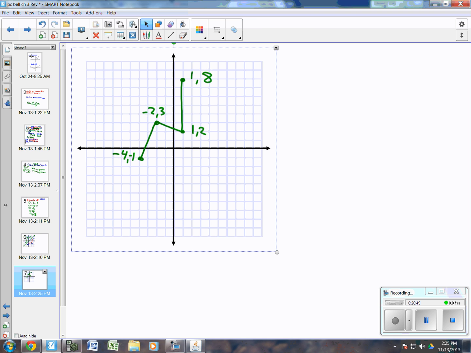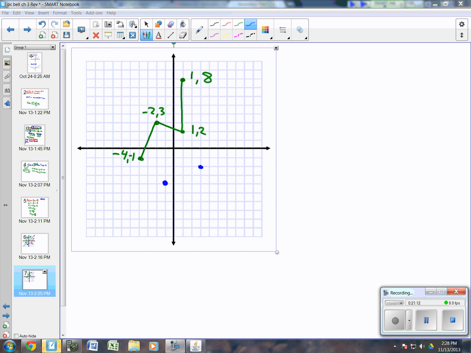Okay, you guys find that one. Okay, all you do is switch the coordinates. Instead of -4, -1, you go to -1, -1, 2, 3, 4, right there. Instead of -2, 3, you go to 3, -2. 1, 2, 3, 1, 2.